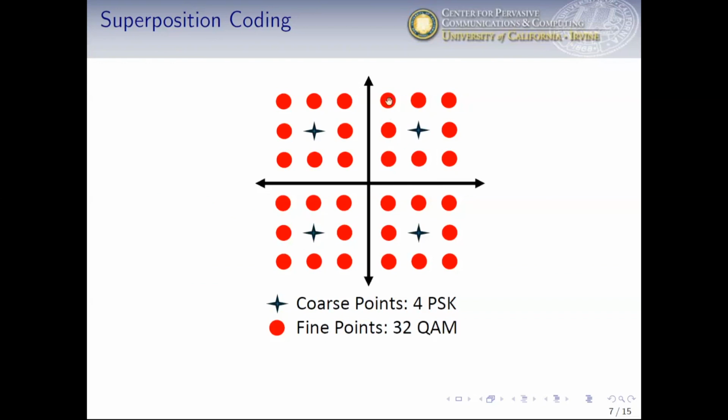And then the signal of the stronger user is encoded using these 8 QAM constellations. And when we superimpose the two, the result is this 32 red QAM constellation that can transmit the information of both users.